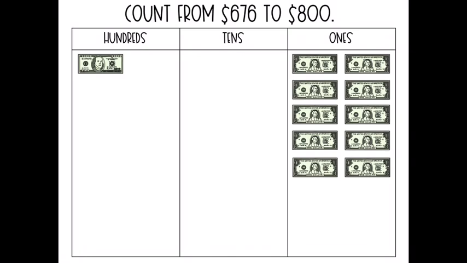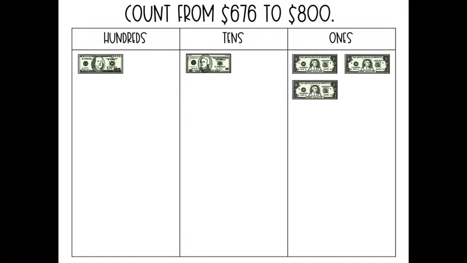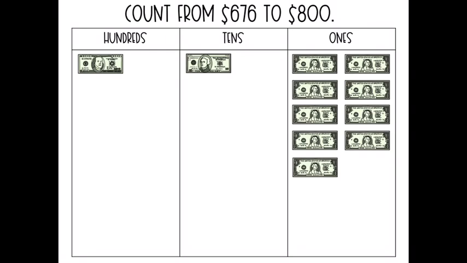We have 10 ones, so we're going to exchange them for a 10. 787, 788, 789, 790, 791, 792, 793, 794, 795, 796.